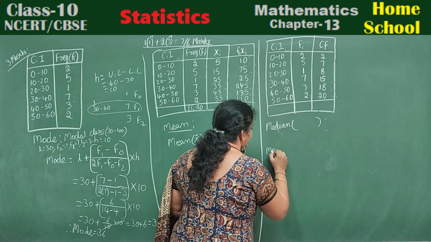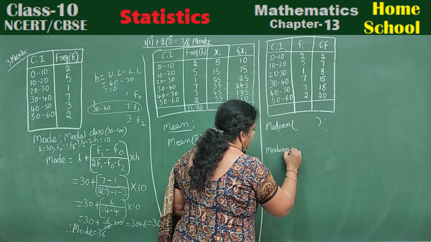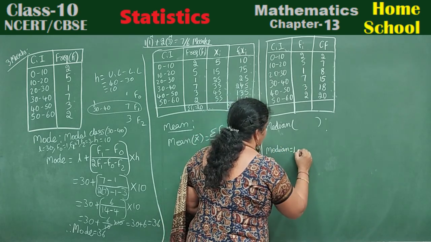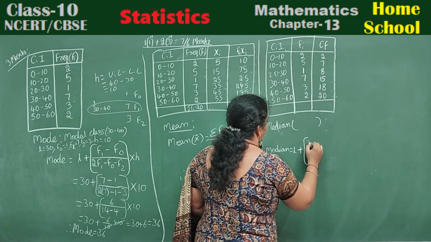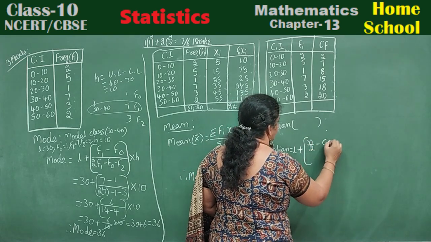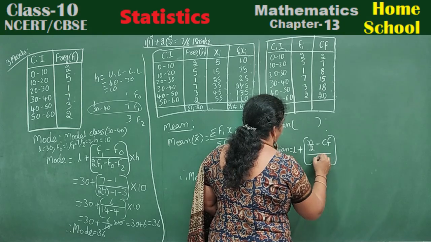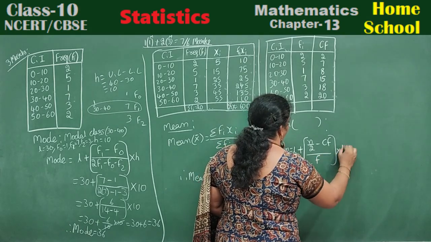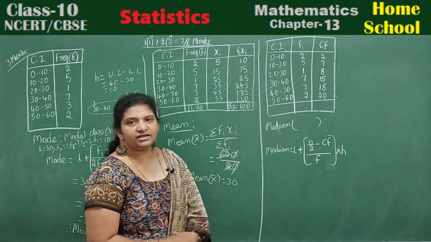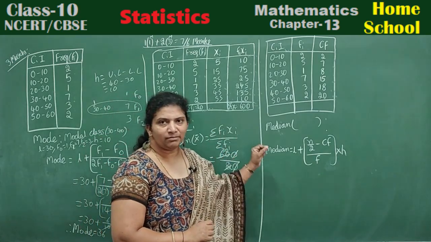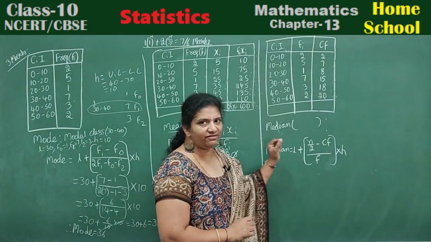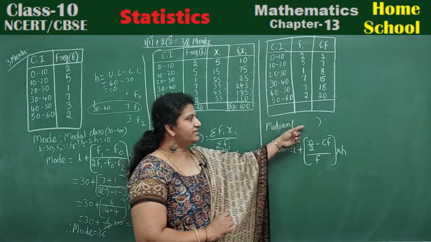Median. What is the median formula? Median is equal to L plus (n by 2 minus CF) by F, into H. Why this bracket?